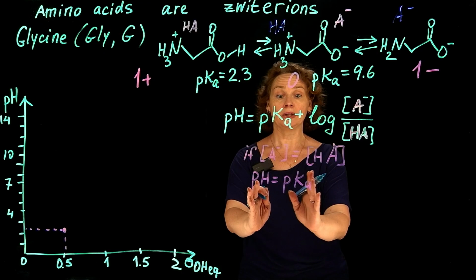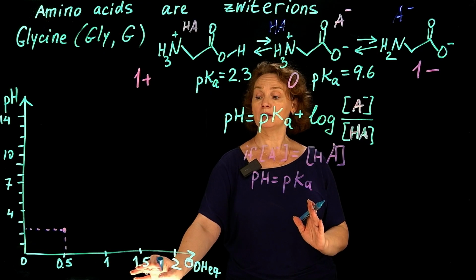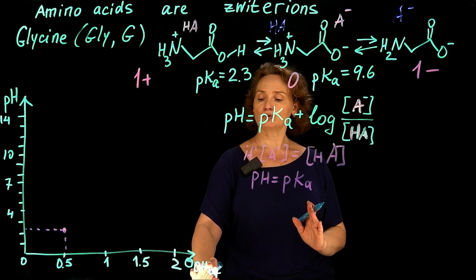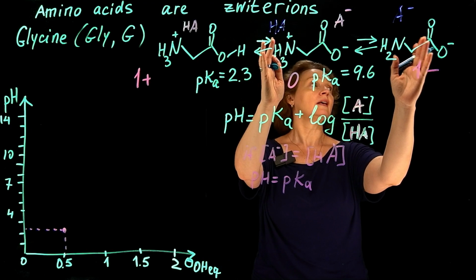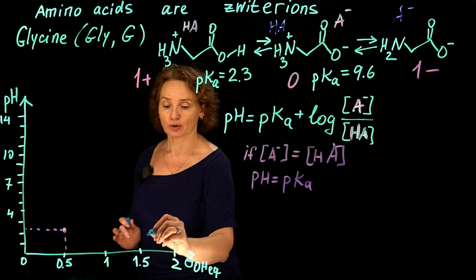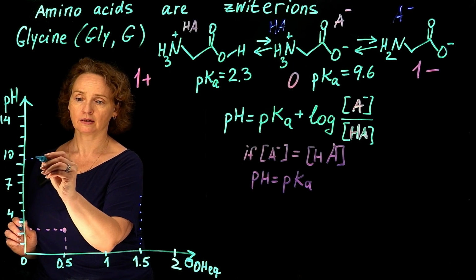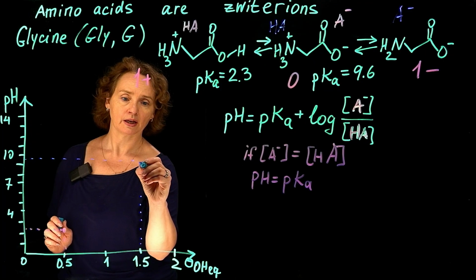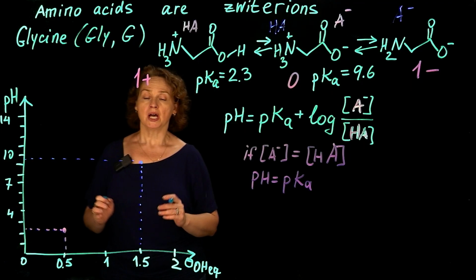So if we reach that half point, which will be 1.5 equivalents of sodium hydroxide added from the beginning, we are reaching the point where pH is equal to the second pKa. So here we have that 9.6 point, right?